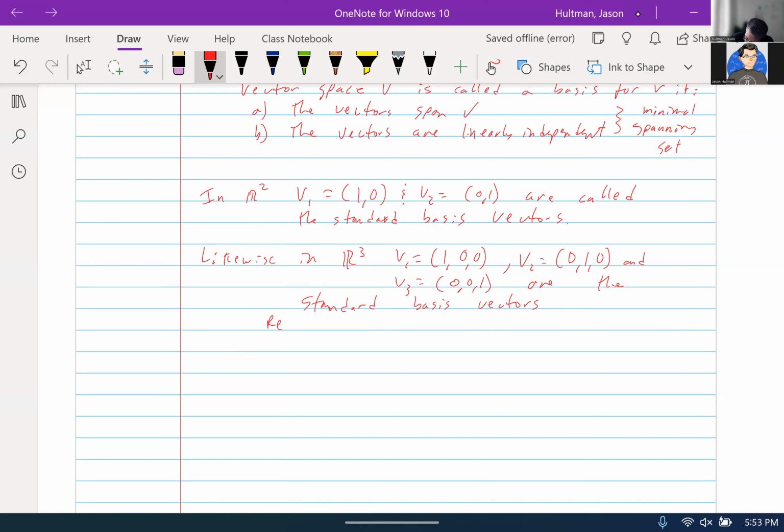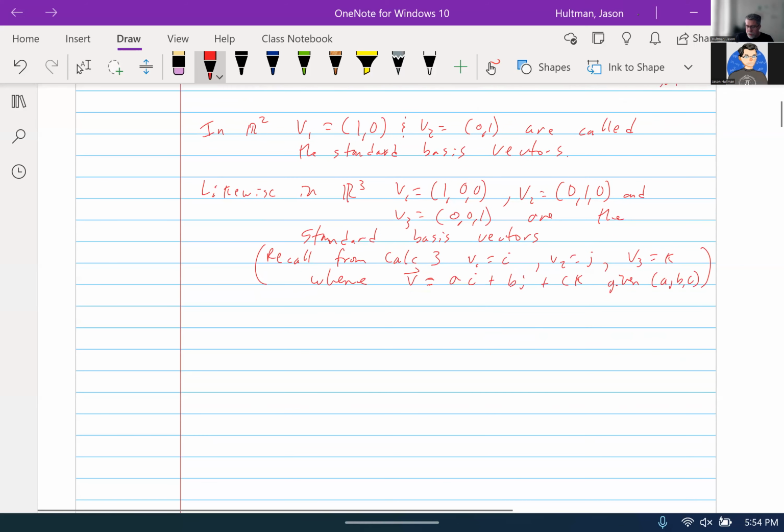And we recall from Calc 3 that v1 was called i, v2 was called j, and v3 was called k, where a random vector v is equal to ai plus bj plus ck, depending upon what a, b, and c are.